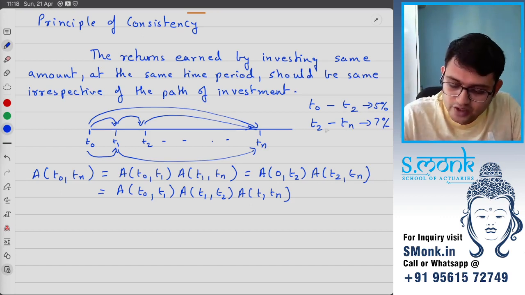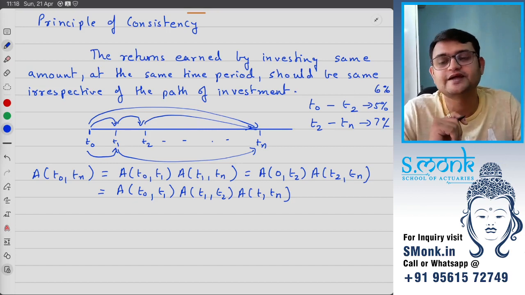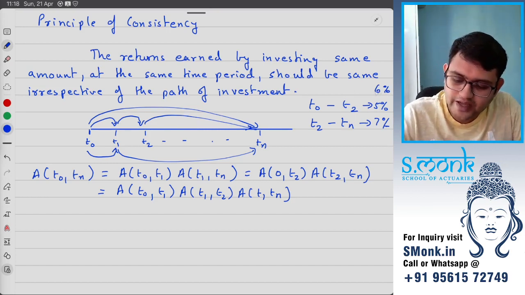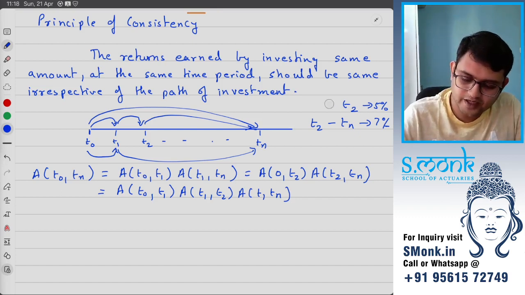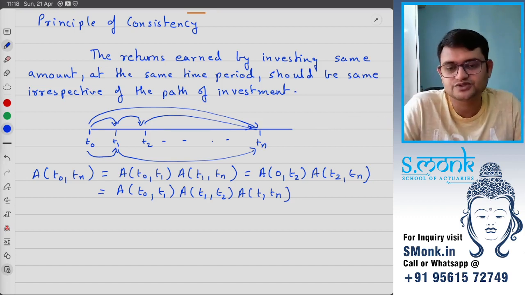I will not have a 0 to 2 option of 5% and 6% and 7%. No, we have only one option for that time. Now, why would we have only one option at one given point in time? Can anybody tell me?